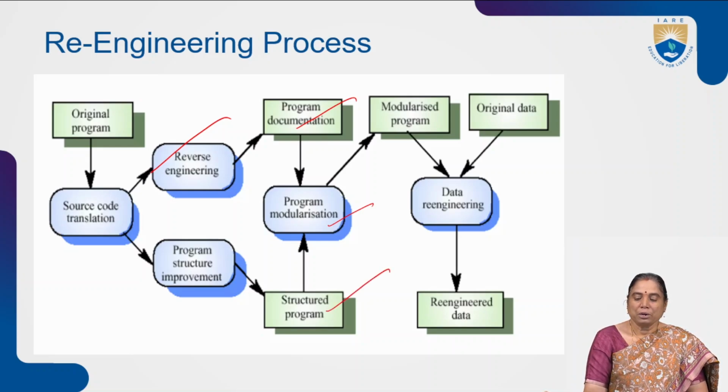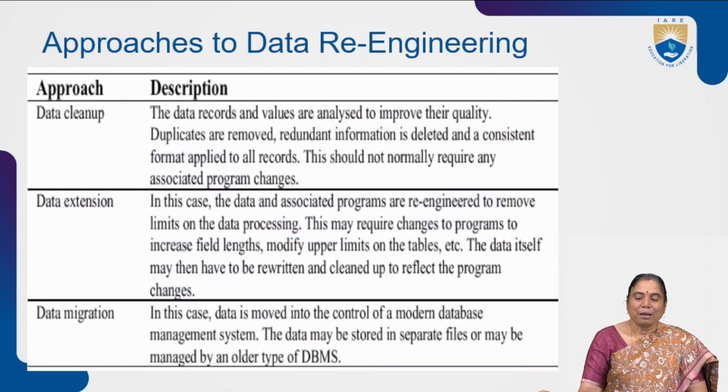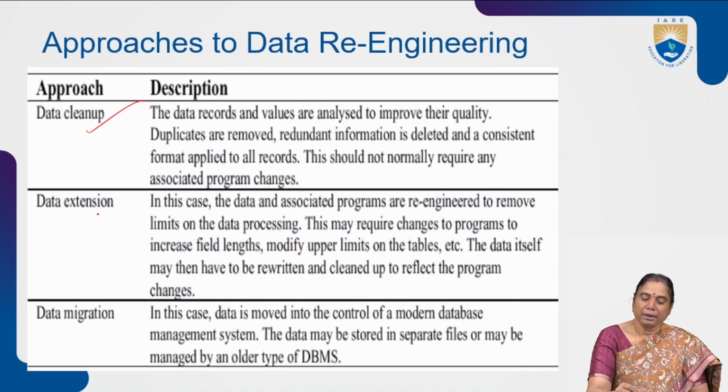After that, the modularized program must be given to data re-engineering, so the original data can be fed in and the re-engineered data can be modified. The approaches of data re-engineering are data cleanup, data extension and data migration.